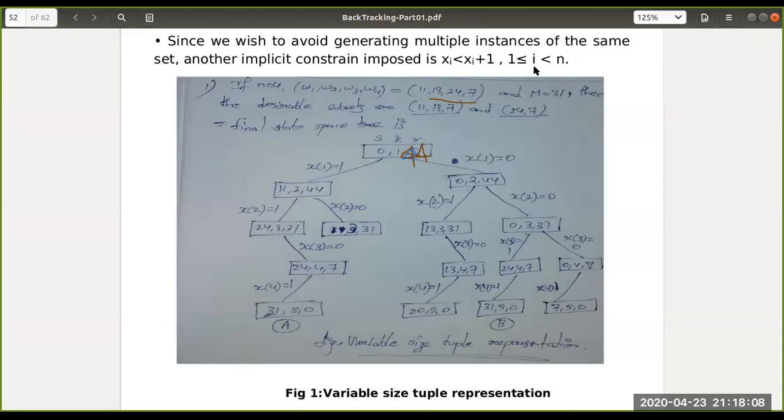I want to clear this. First of all, the sum of the weights is not 44. 11 plus 13, 24, plus 48, 48 plus 7, 55. Yes, here it is 55. I forgot to write that 55. The total weight is 55, not 44.